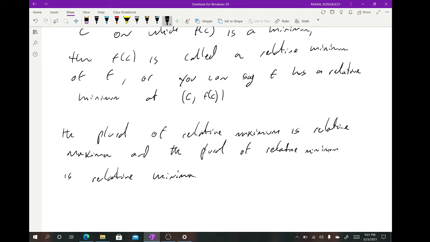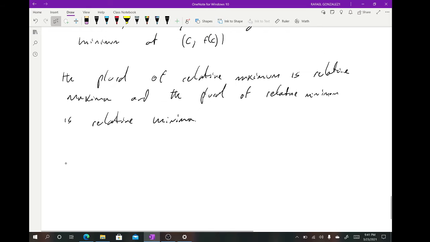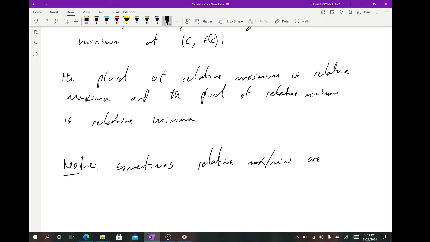Okay? Sometimes, again, they're called local max and local mins. So I think I used that term earlier. So note sometimes relative max and min are called local max or min. Okay?